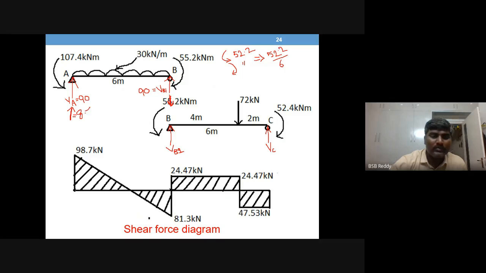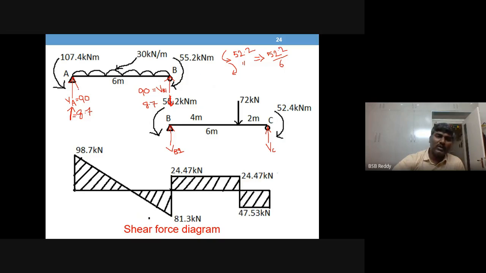Okay. So it is like a couple. So 8.7 is the force and distance is 6. So 8.7 into 6 comes to 52.2. So these are the reactions total at A and B that develop because of UDL and because of moment.